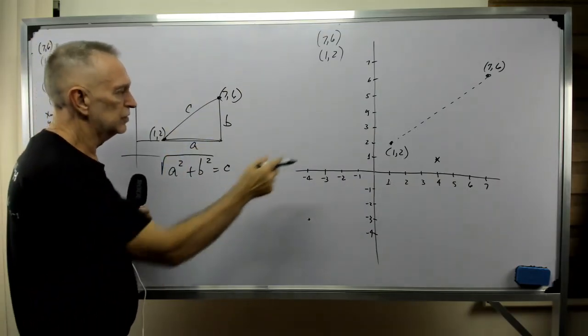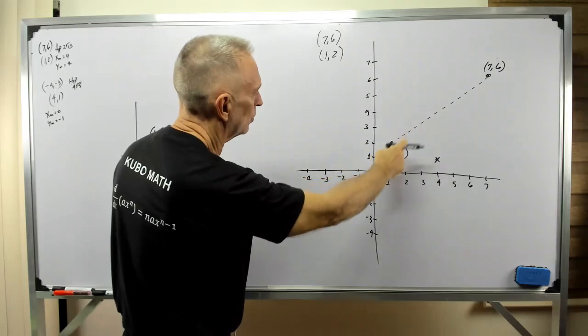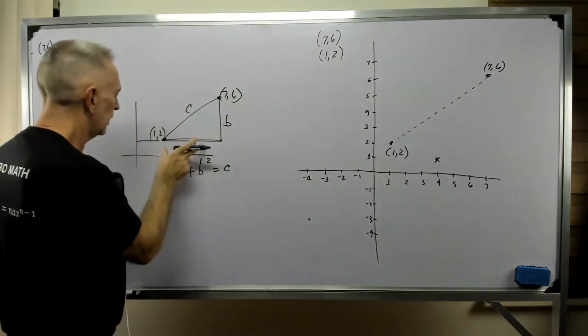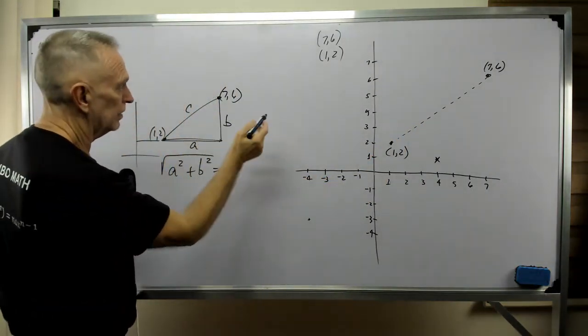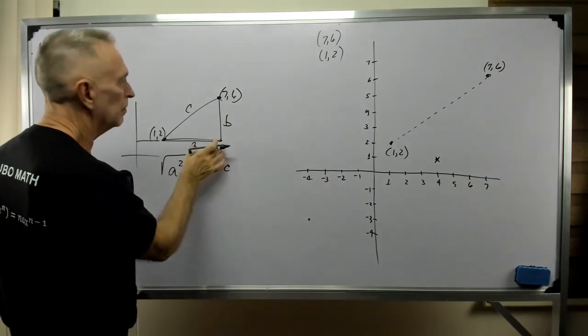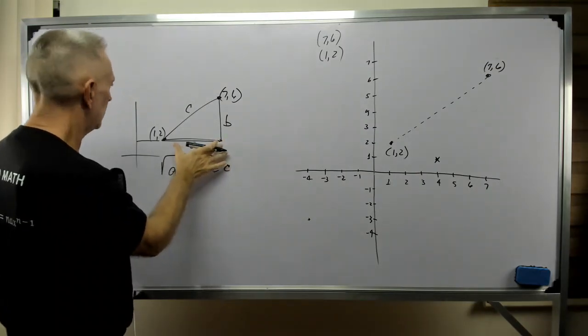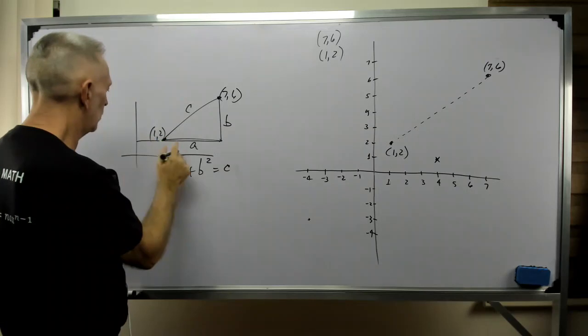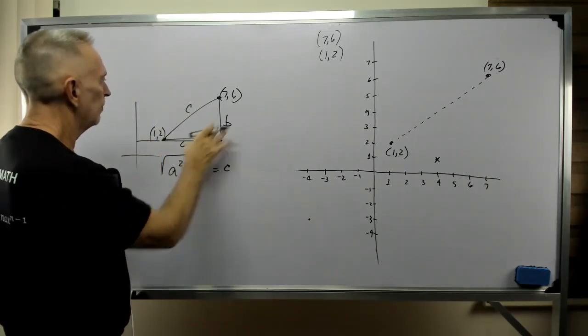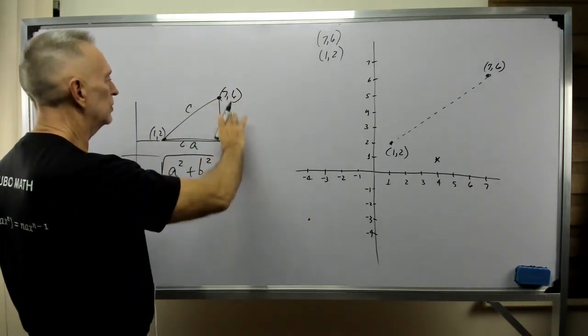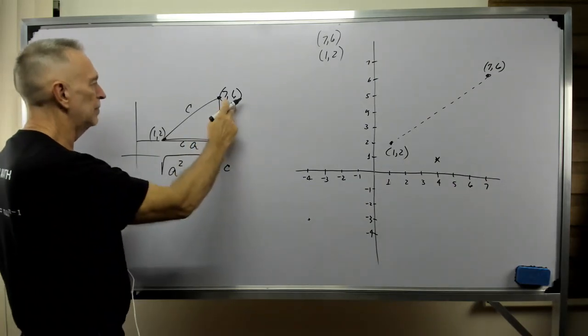It's the same here. If we want to know the length of that line, we would take the 7 minus the 1. X is 7 minus the 1 would give me a length of 6. B, the vertical side, is the same.